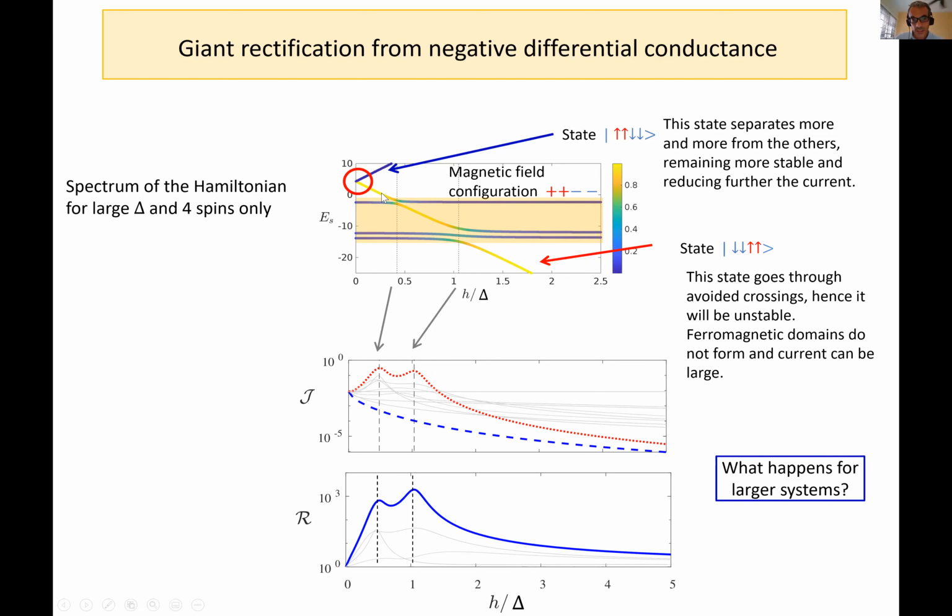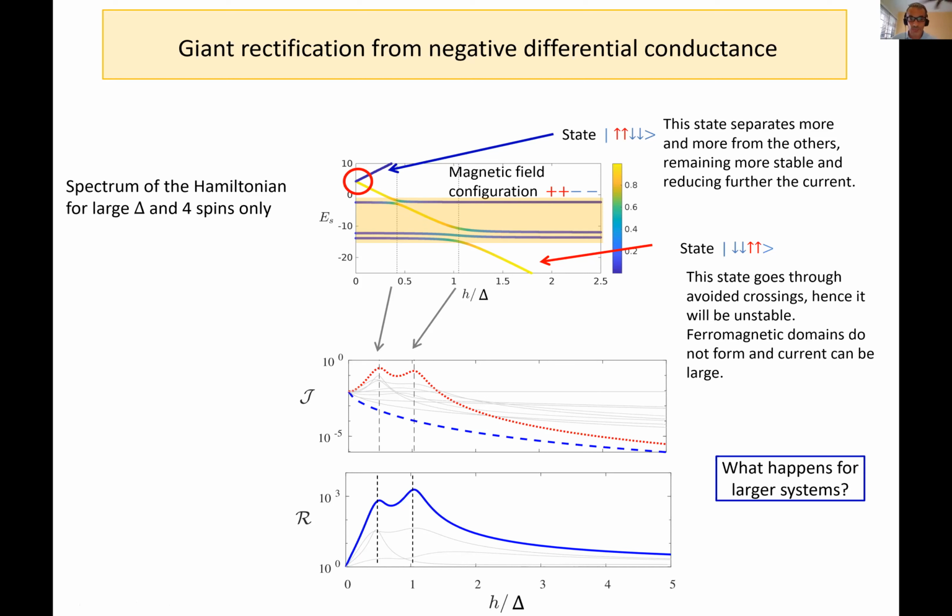But then this state will come down and go through a much thicker, more dense band of states, and go through many more crossings. That's why it's still going to be unstable. This is why the effect also happens for large system sizes, and will actually be even more prominent, because there are many more crossings. It will be much more unstable.